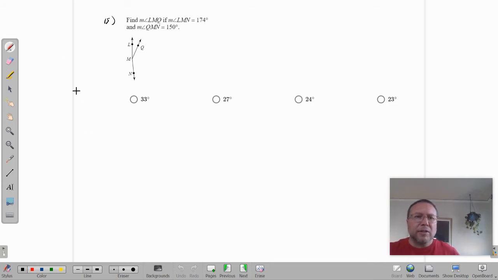All right, so same kind of question here. It says find LMQ. So we're looking for LMQ, which is that angle right there. So in this case, we're actually looking for the part. Maybe I'll just call this X. We don't know what that is.